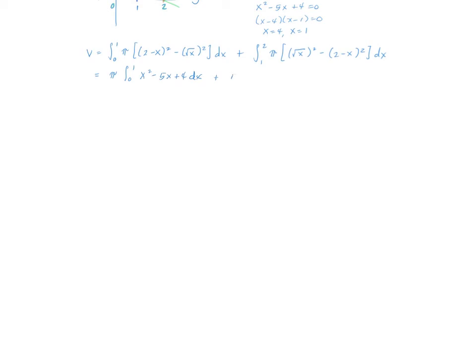And I'm going to add it to, pulling out the pi, the integral from 1 to 2. After multiplying everything out here, I get a negative x squared, so it should be opposite of what the first one was. Negative x squared plus 5x, messed up my sign, minus 4.